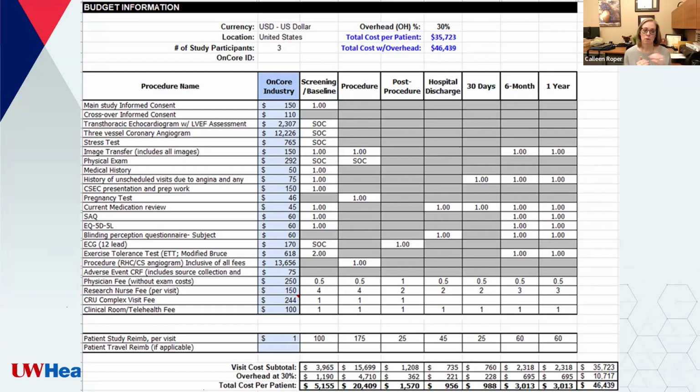That gives us a buffer so that if dollar amounts change for procedures over a certain period, we still have some room. And if our sponsors get a little agitated with us over the number of hours we're putting in, we know we've got some time built into the individual procedures for our coordinators. If we need to lessen some of the hours to align with sponsor expectations, we're able to do that.